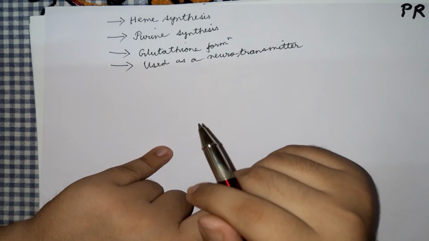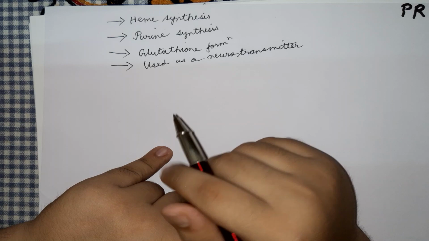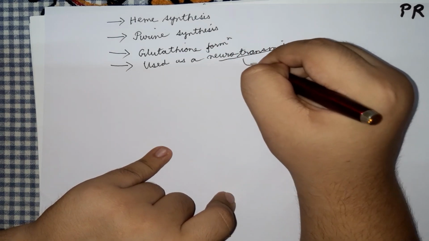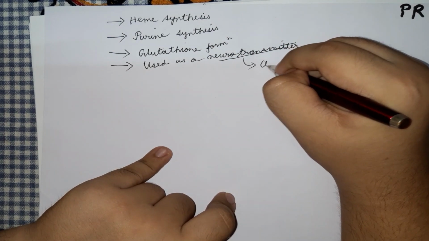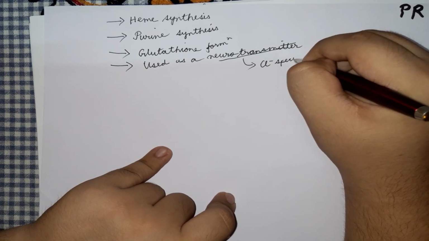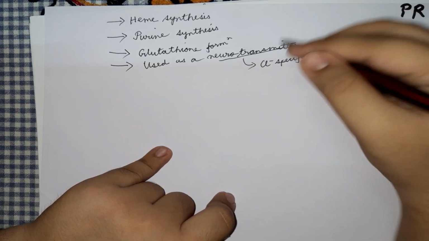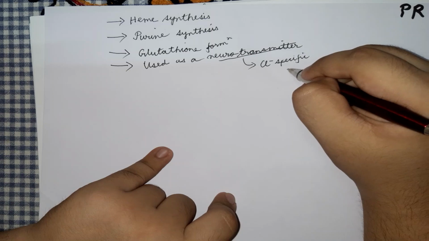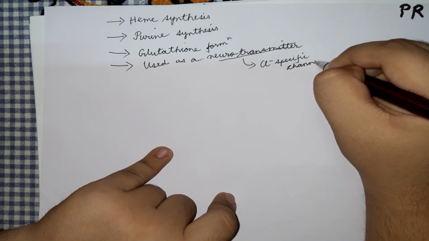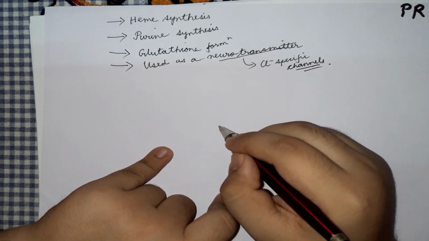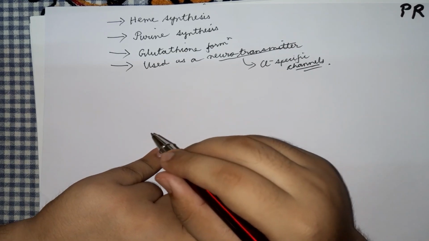So it can be used as a neurotransmitter, and what kind of channels does it open? It opens chloride specific channels in our body. This is just information which I'm listing out. So chloride specific channels are opened by glycine, which is used as a neurotransmitter.